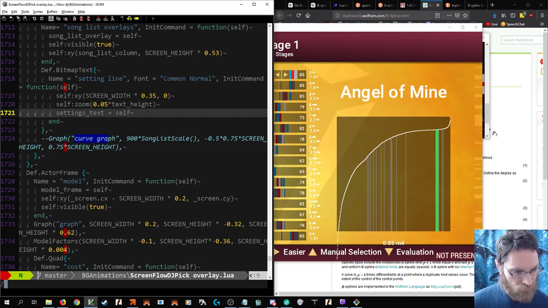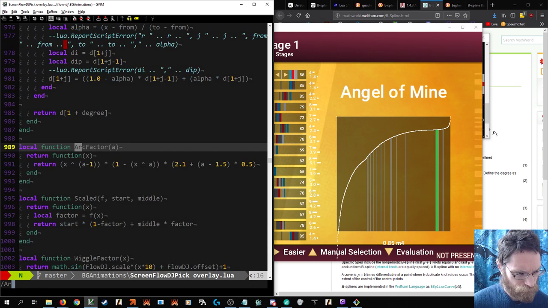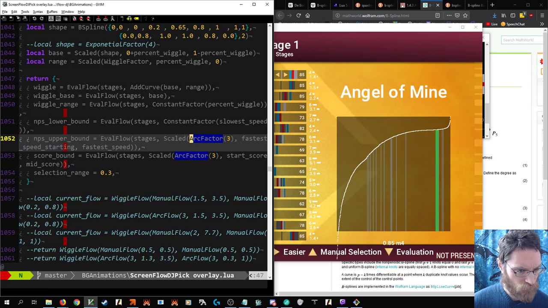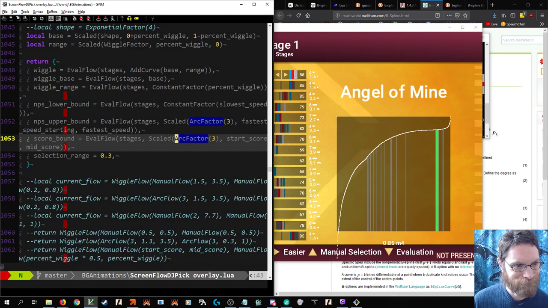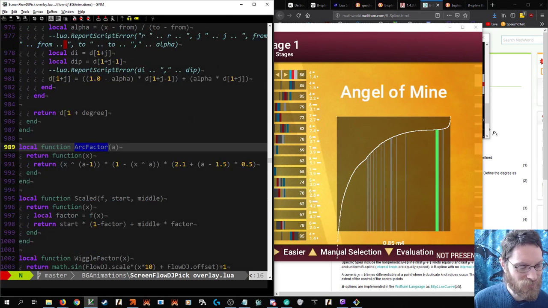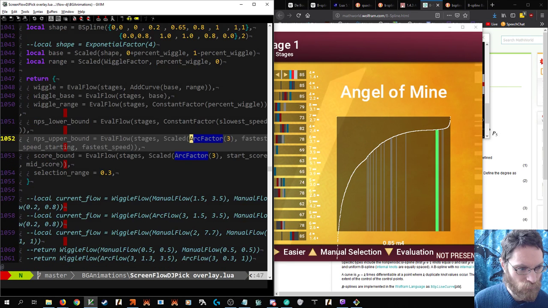My settings. Did we end up using that? Or was I able to, yeah, bump flow. It's not such a simple thing anymore. Oh, that's what I was doing.